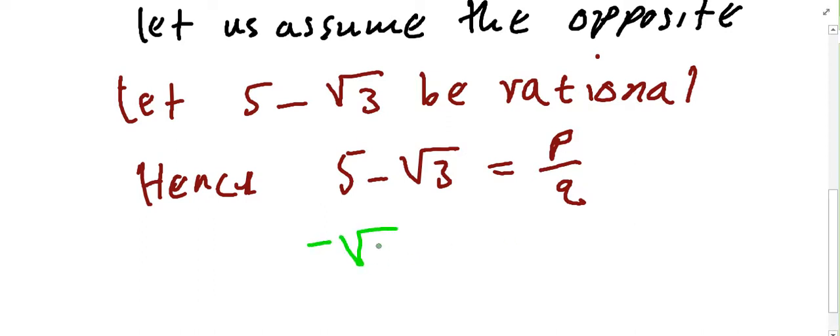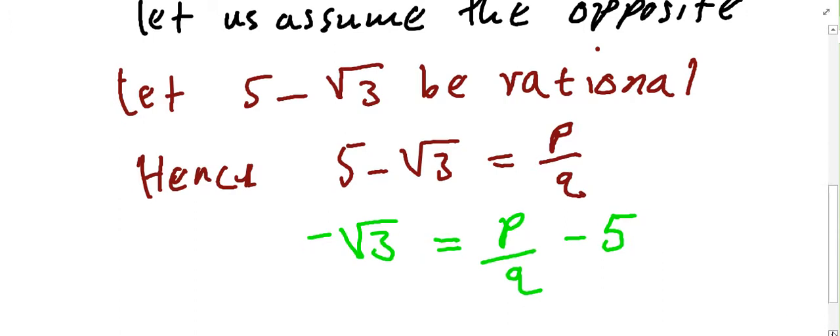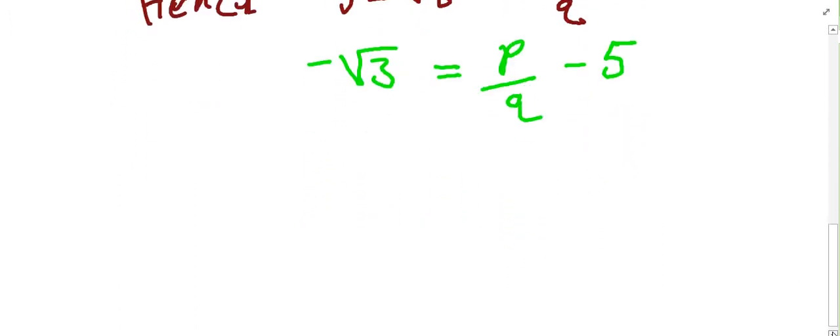So we're going to have negative square root 3 is equal to p over q minus 5. Okay, so that's what we have.